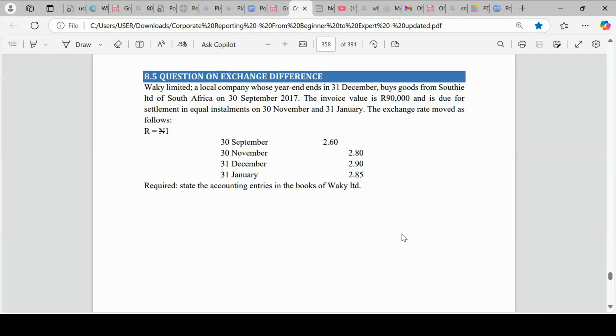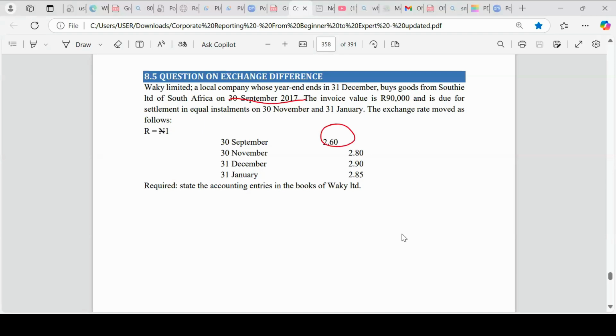The date of transaction is 30th September 2017, and the exchange rate as of this day is 2.6.